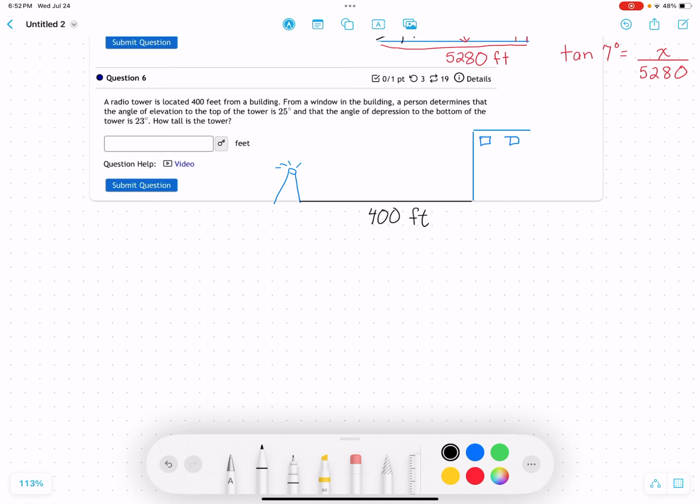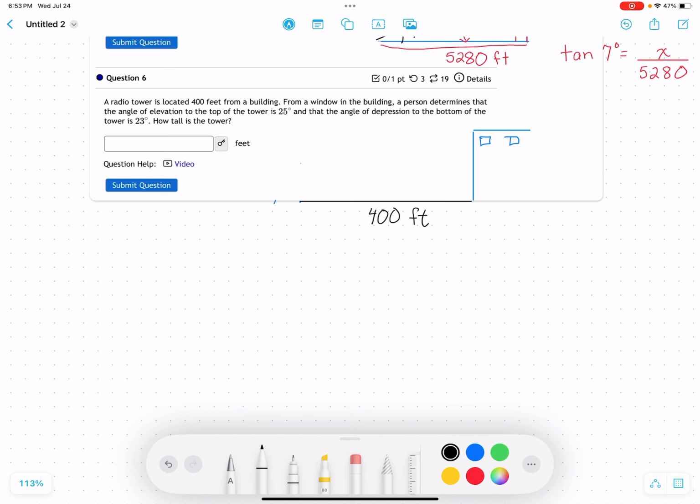From a window in the building, oh, look at that. I drew a window. A person determines that the angle of elevation, oh, I did this wrong. I think I'm going to make this tower a little bigger, because if there's going to be an angle of elevation, it means that I have to look up to see the tower.